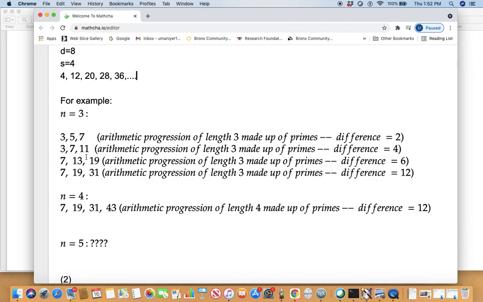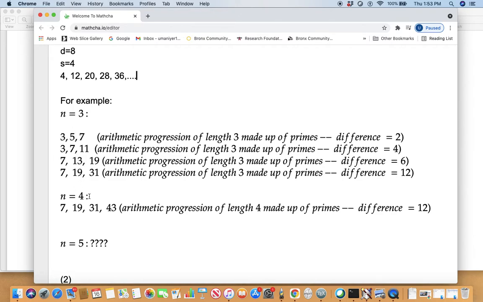The difference is 6. 7, 19, 31. The difference is 12. So these are all arithmetic progressions of length 3. The difference is different. Here the difference is 2, here the difference is 4, here it's 6, here it's 12. See whether you can find any more of length 3 made completely only of primes with fixed difference. It's not easy to do so.